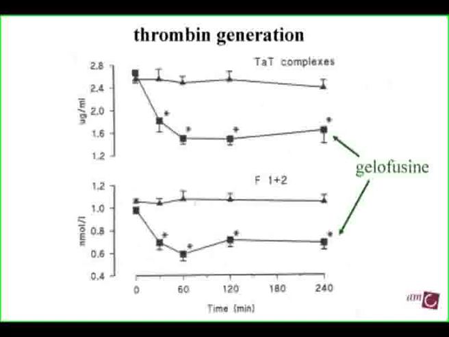And this is actually due to the fact that there is less thrombin generation and there is much less binding of collagen to the vessel wall, which is important for platelet adhesion and subsequent platelet aggregation. So you need to realize that giving more than 1 liter of plasma expander will also compromise even a normal coagulation system, and this may be worse in patients who have just experienced severe trauma or blood loss.